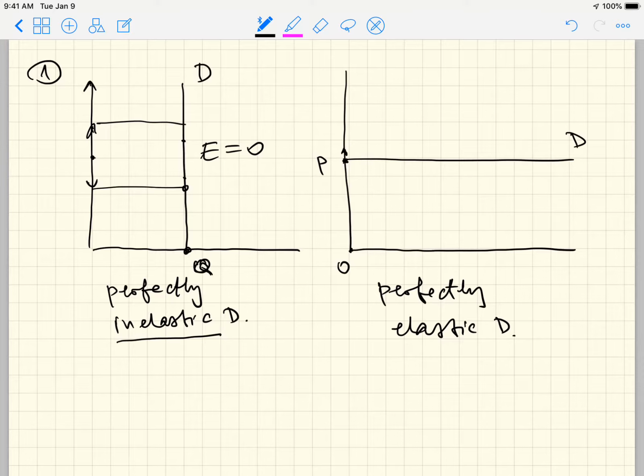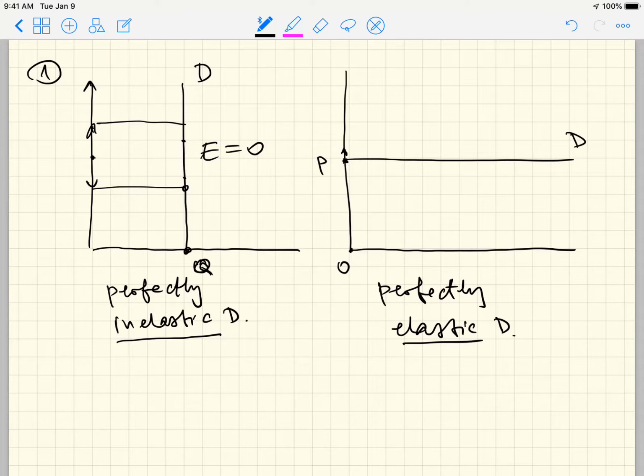If you are part of a perfectly competitive market, taking the market price the way it is and selling something that everyone else is selling, then you can only sell at the generally accepted market price. If you charge any higher price, people will not buy from you. And this is the case of perfectly elastic demand.